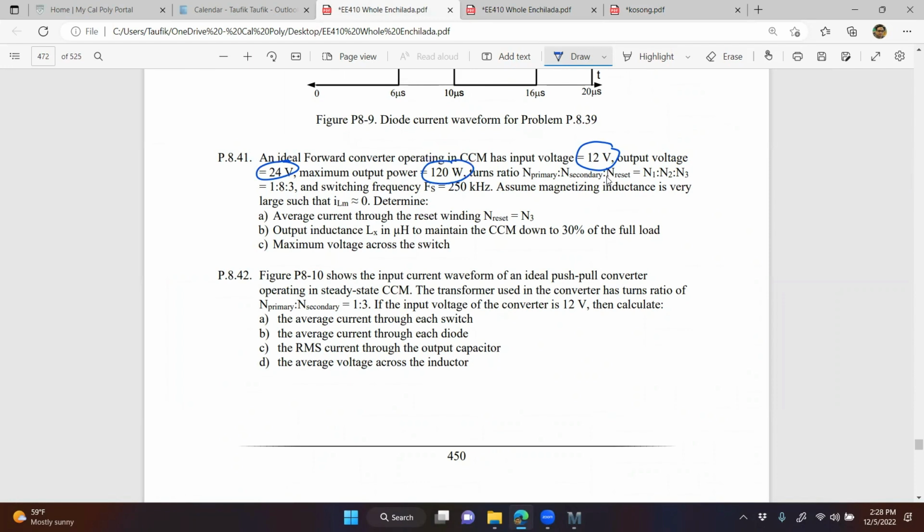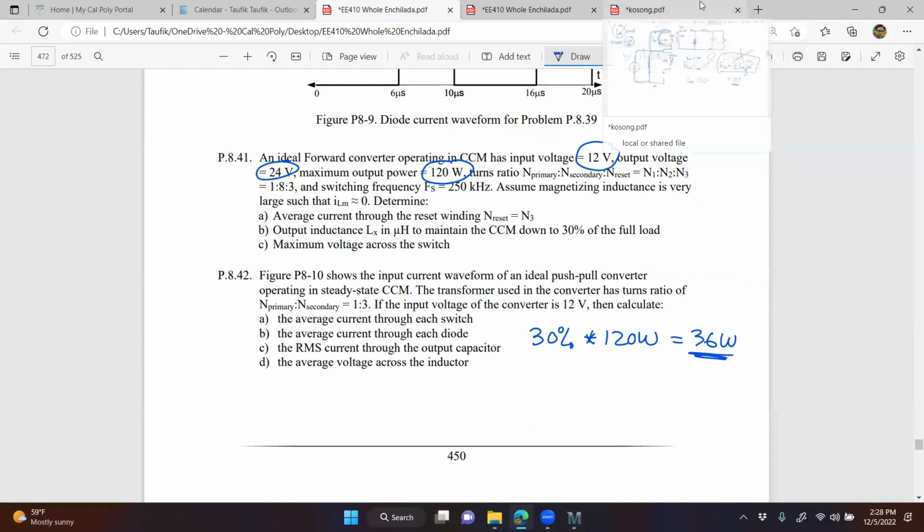So that should be relatively easy. Now we have 30% of 120 watts, which is 36 watts.